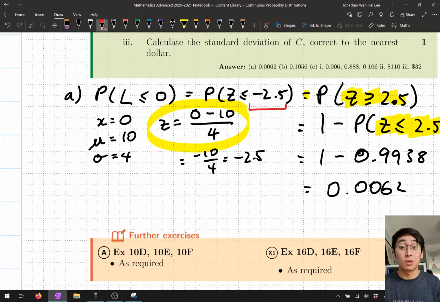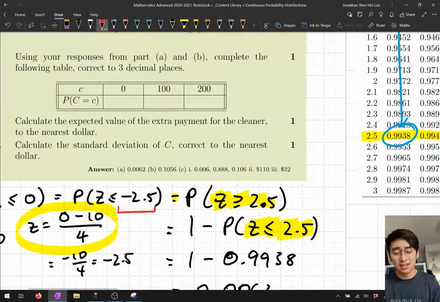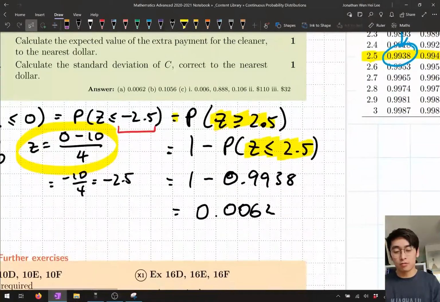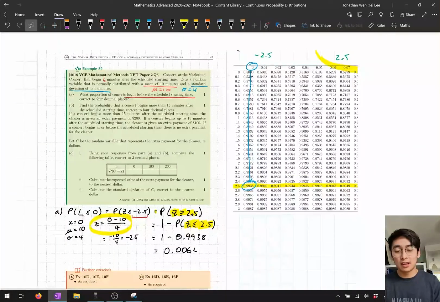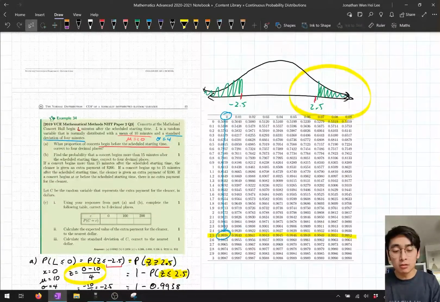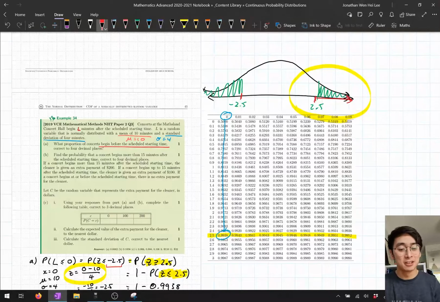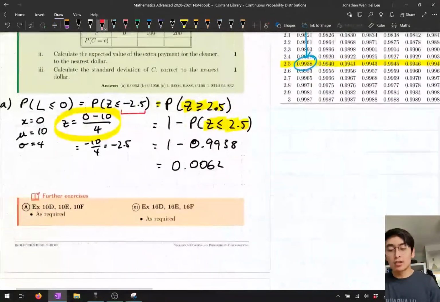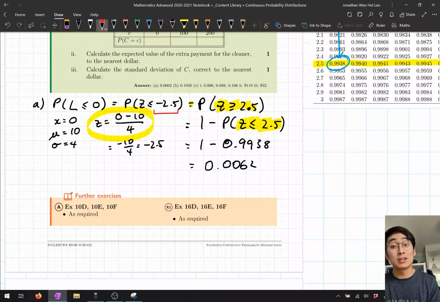So we needed to remember that our normal distribution is symmetrical, and we could rewrite less than negative 2.5 as greater than 2.5. Those are the exact same thing. Just like in the last lesson, we then converted that to 1 minus the probability of z being less than 2.5, because this table doesn't work for greater than. Once we did that, we could find the values and substitute them into our formula. Okay, let's have a look at the next part.